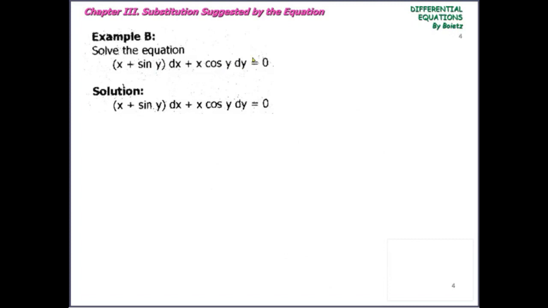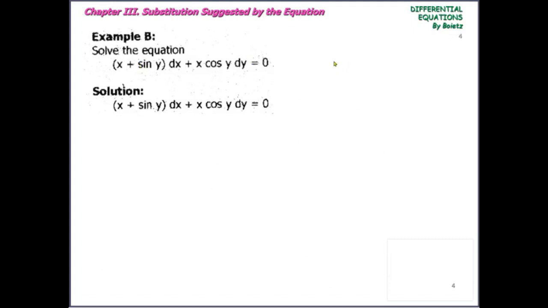So therefore, yung problem mismo nagbibigay ng suggestion na you have to substitute sine y. First and foremost, if you don't know what kind of differential equation this one is, again, ang proper solution natin, check if it is variable separable.